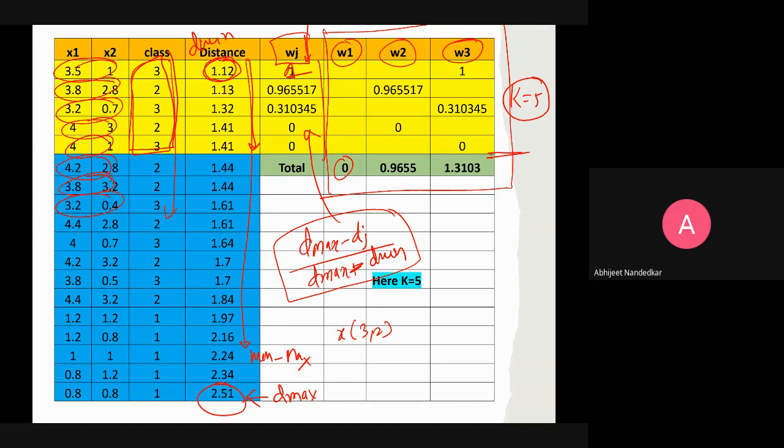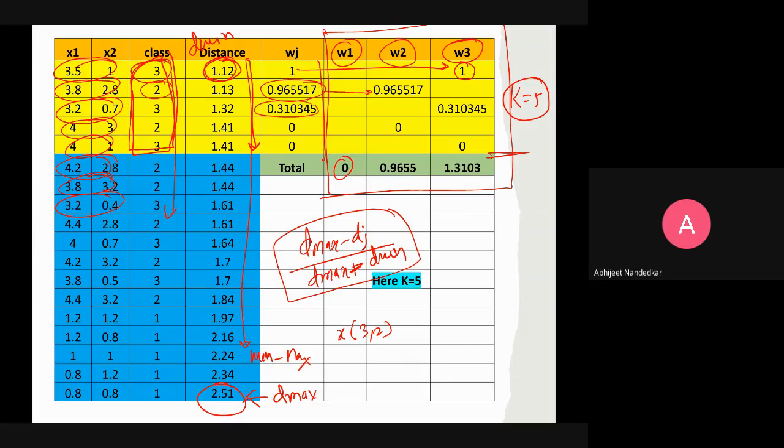Now out of the 5 that we have selected, the third sample belongs to omega 3, so I put its importance in the omega 3 column. The second pattern belongs to omega 2, so I put its importance here.